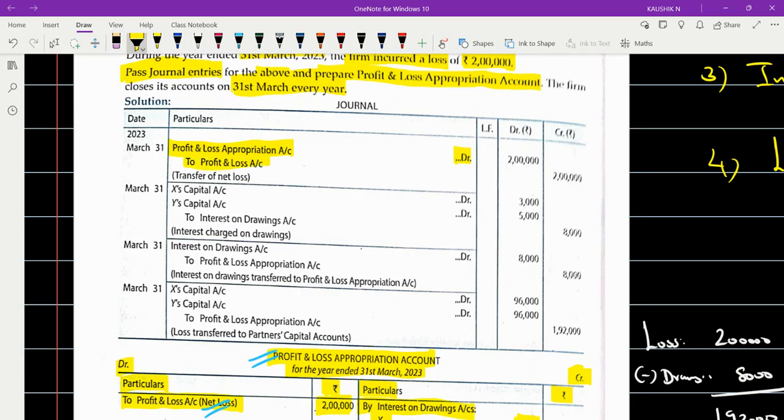Only then will the profit and loss account appear on the debit side of the P&L appropriation account. Is it clear to you? This is the first journal entry for loss: profit and loss appropriation account is debited to profit and loss account. Any doubt in the first journal?